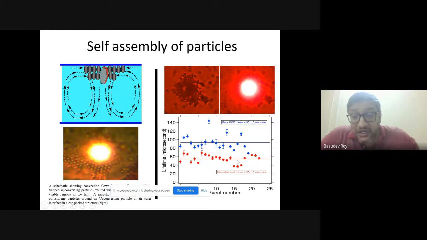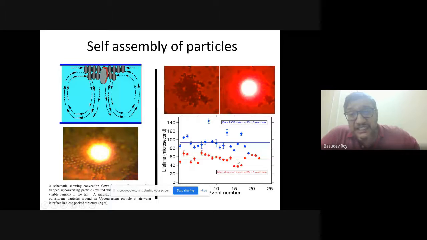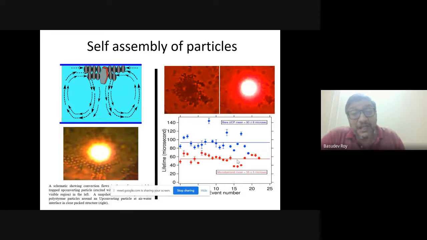So why did that go down? We thought about it. It seems to be a non-radiative energy transfer process into the diamond from the upconverting particle. It's something like FRET. FRET would be molecule to molecule, or from a molecule to a surface. From a molecule to a surface, it has to be within about 30 nanometers to have an interaction.